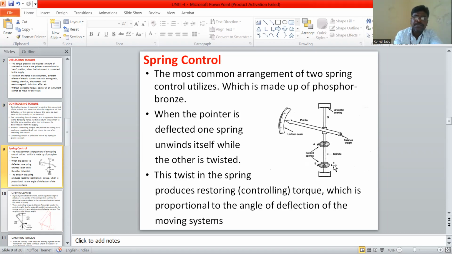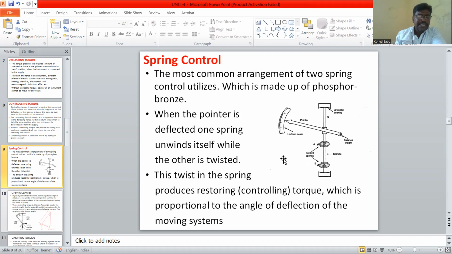This twist in the springs produces the controlling torque, which is proportional to the angle of deflection of the pointer. So the controlling torque is proportional to theta, the angle of deflection of the pointer, but the deflecting torque is proportional to the current passing through the circuit.